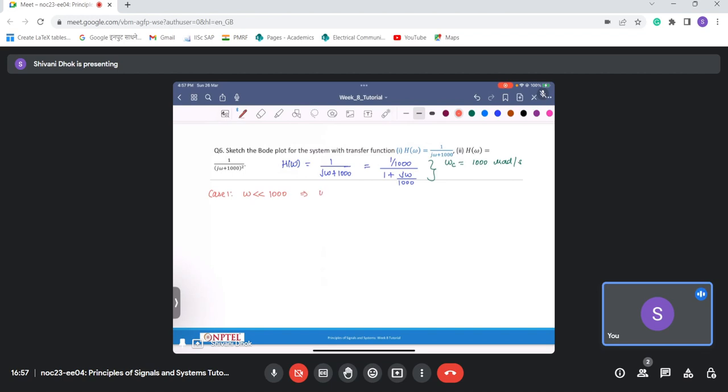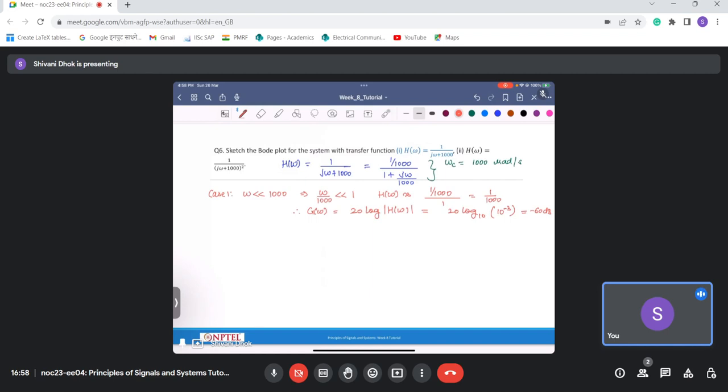In that case, omega by 1000 is much less than 1, which implies that mod H of omega is 1 by 1000 whole divided by 1, which is equal to 1 by 1000. Therefore, G of omega comes out to be 20 times log of mod of H of omega, which is 20 times log to the base 10 of 10 power minus 3, which is equal to minus 60 dB.